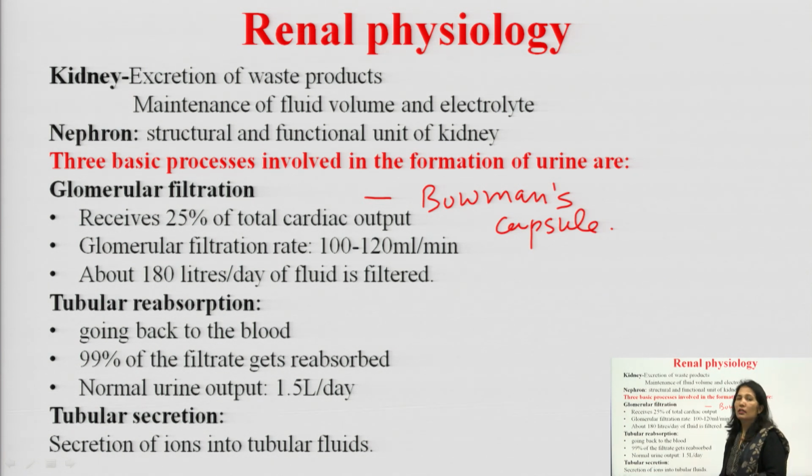The next step is tubular reabsorption. After filtration, the filtrate enters the renal tubule. The renal tubule has different parts, and each part has a specific function. 99% of the filtrate gets reabsorbed.